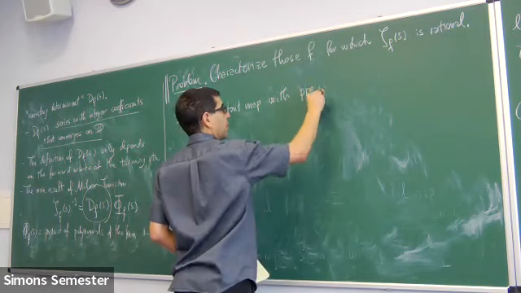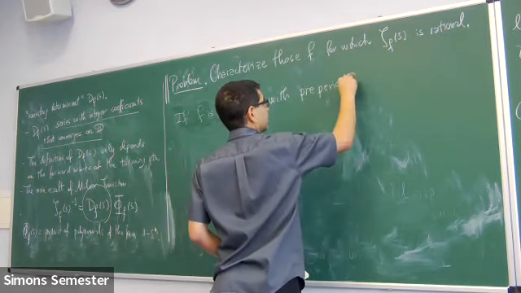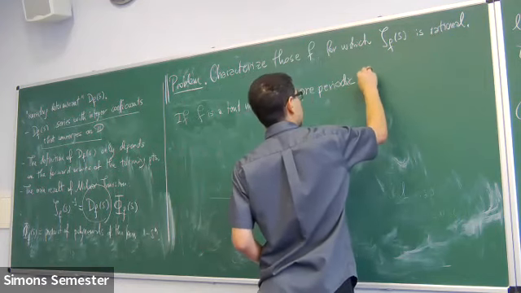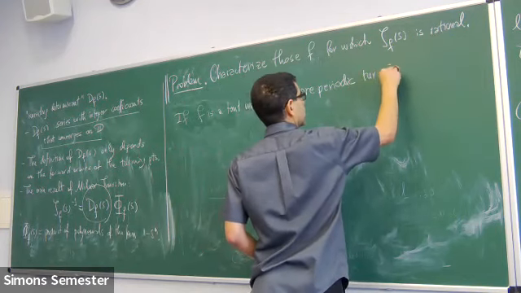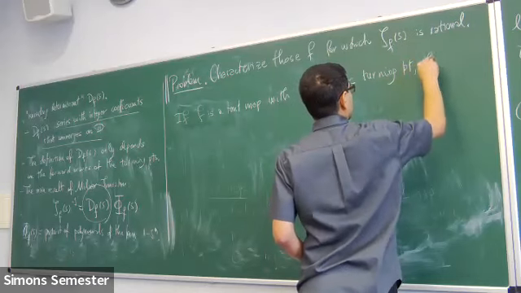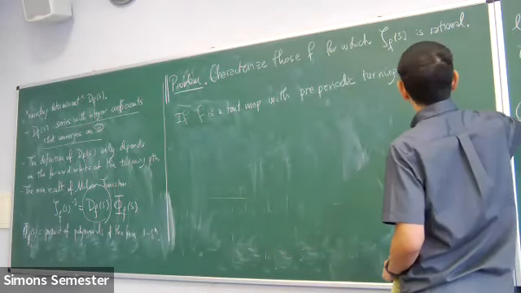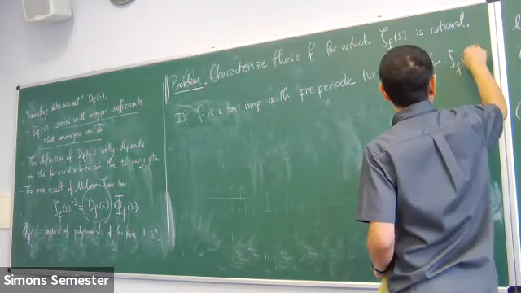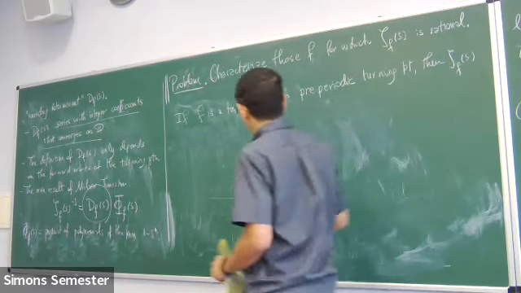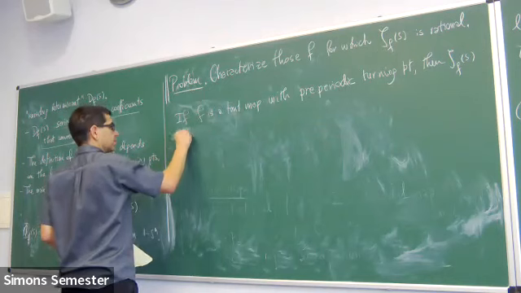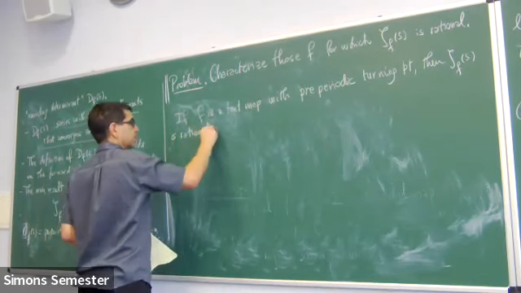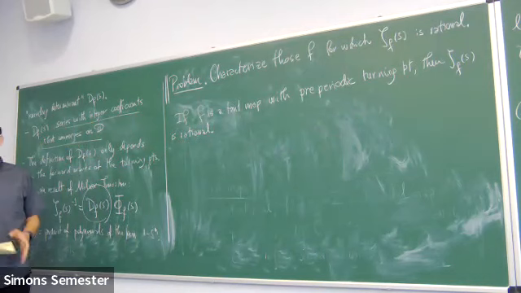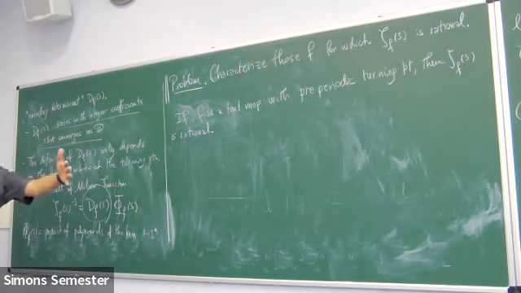pre-periodic turning point, and the Artin-Mazur zeta function is rational. And so the same principle, the orbit separates the interval into finitely many intervals that form a Markov partition.